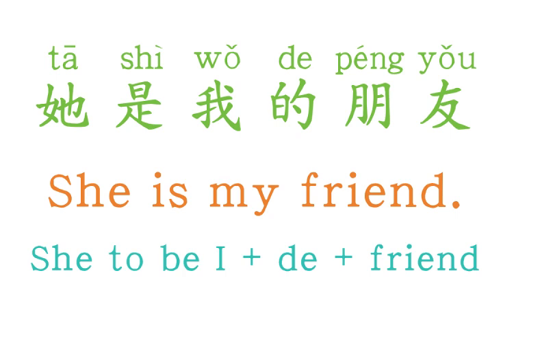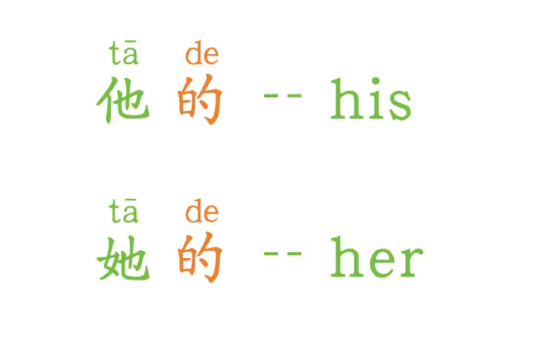Okay, now let's come back to possessive. As now you know the rule, to make possessive, you just use the pronoun together with the possessive marker. So to say his, that is simple. So we say he, 他, together with the possessive marker 的. So to say his, that is 他的. And the same, if you want to say her, we use the pronoun she, that is 她, together with the possessive marker 的.